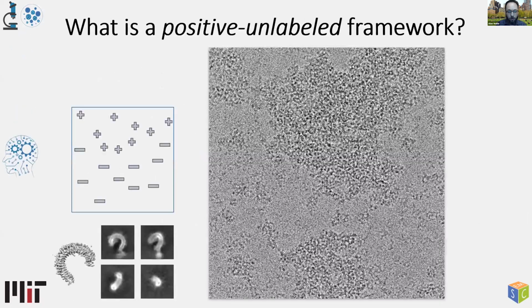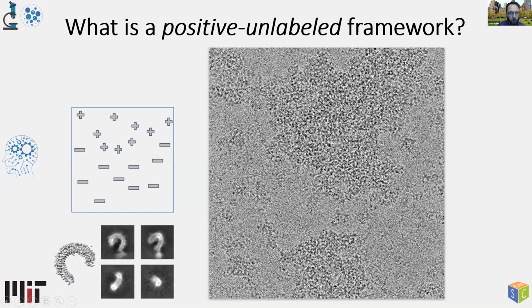So conceptually, how does this actually look? We have a bunch of particles, and we're going to call them pluses here. And then we have a bunch of non-particles, we're going to call them negatives here. And as you see in this micrograph, we have all the conventional issues that I talked about before, the 1, 2, 3. We have aggregation, we have this weird shaped particle here, and we have some particle views that are quite small.